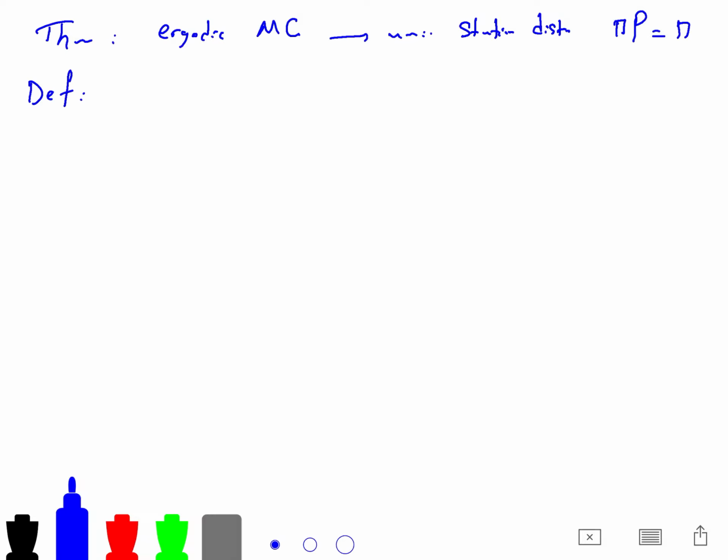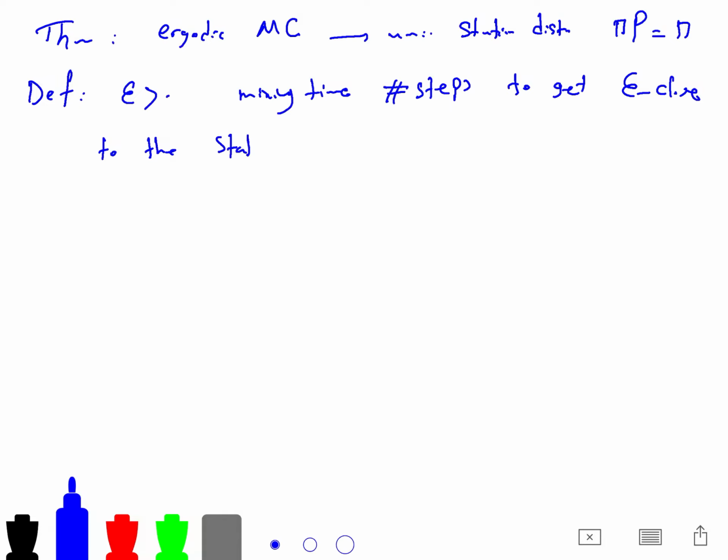And by definition, we say that for any epsilon greater than 0, the mixing time is the number of steps needed to get epsilon close to the stationary distribution pi. This is the mixing time.